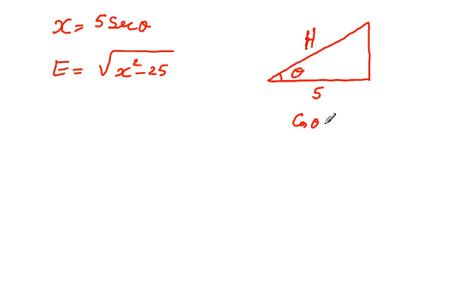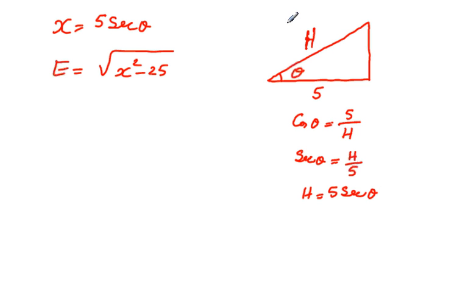You know cosine of theta is going to be ratio of adjacent to the hypotenuse, or if I want to use some of the functions that I see in front of me, what would be secant of theta? H over 5. So that tells me what is h. 5 secant of theta.